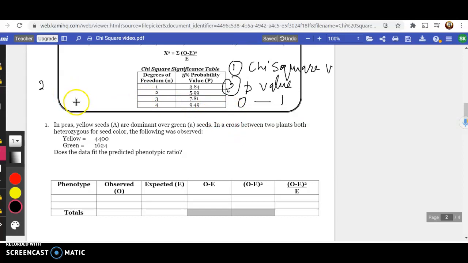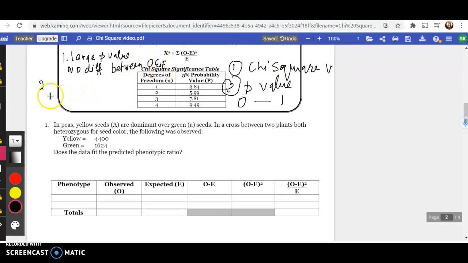When the p-value is large, that means there is no difference between observed and expected value.